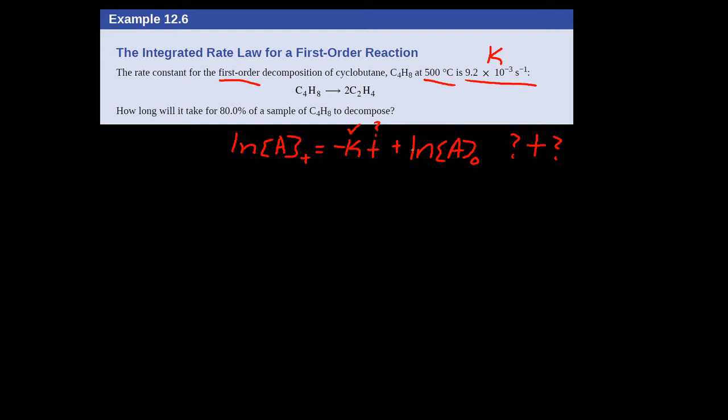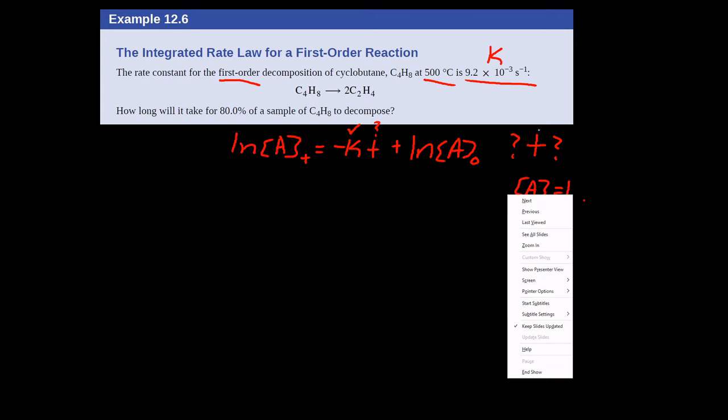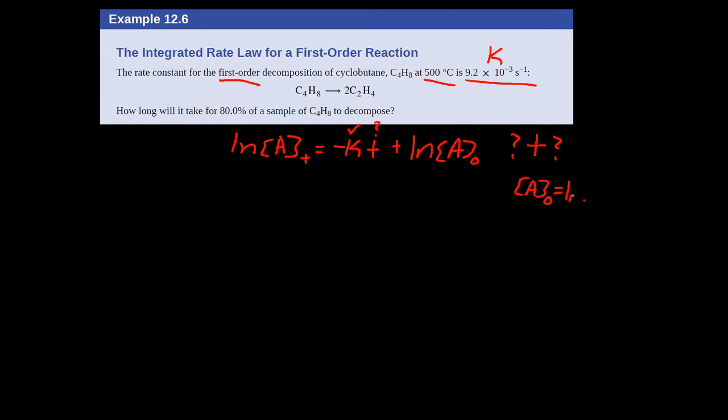We are trying to figure out how long it will take for 80% of the sample to decompose. So what that means is we can just pick some numbers. If, for example, A naught is 1 molar, then if 80% of it decomposes, A at time t would be 0.2.